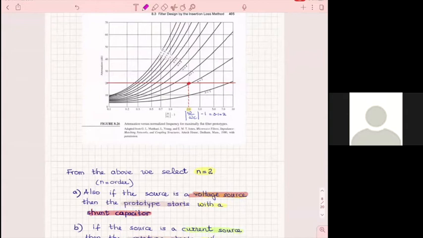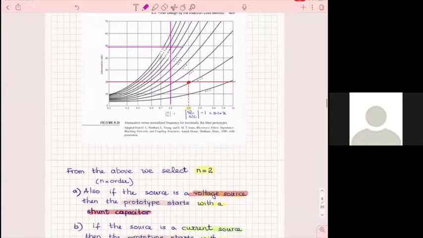When I am at 2 times my cutoff, that means that omega over omega c minus 1 is going to be this line here, okay? And now I'm going to be at 50 dB, which is this line here. In fact, a little higher.